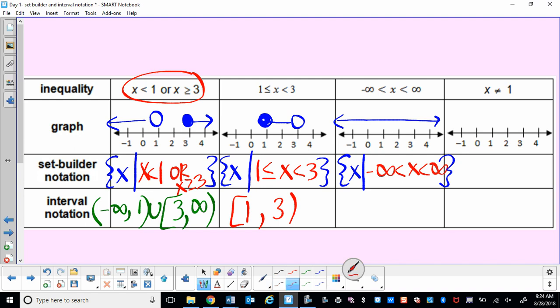Your interval notation would be negative infinity to positive infinity, both parentheses. You can also write all real numbers here because every real number will fit there. But we won't get into that. Let's just keep it simple.